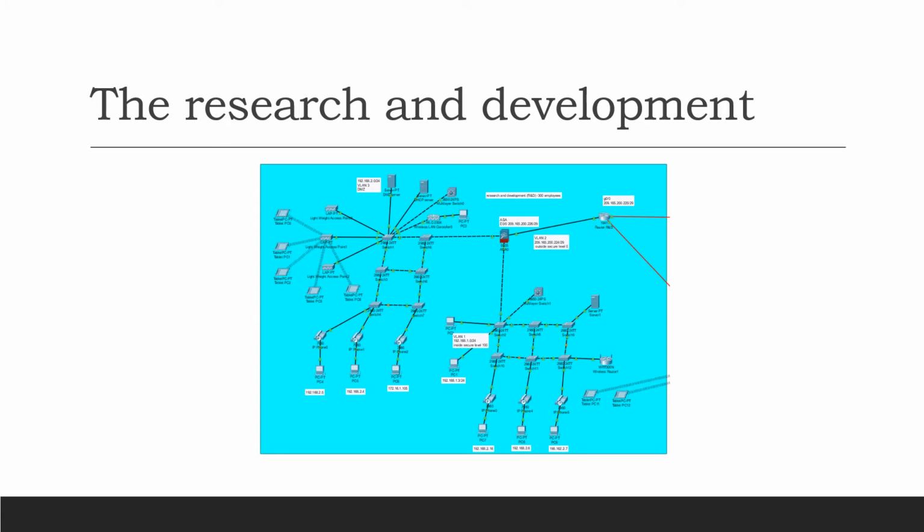The main part is the research and development part. It has about 12 switches connected together, and it has about 6 IP phones and 6 PCs as endpoints to send messages.